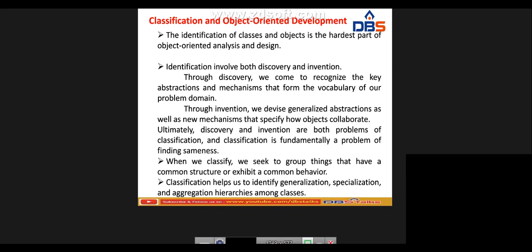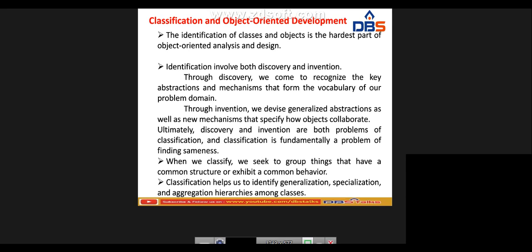So we decide which objects collaborate for a particular generalized abstraction, and we create new mechanisms that specify how objects will be created and how they collaborate. Ultimately, discovery and invention are both problems of classification, and classification is fundamentally a problem of finding sameness.